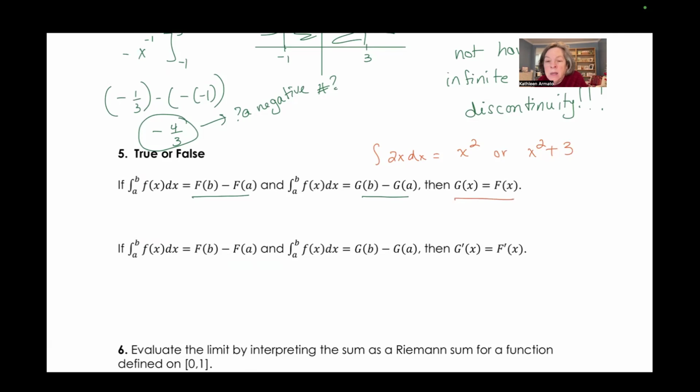So if these are equal, does that mean f of x equals g of x? No, they can differ by a constant.